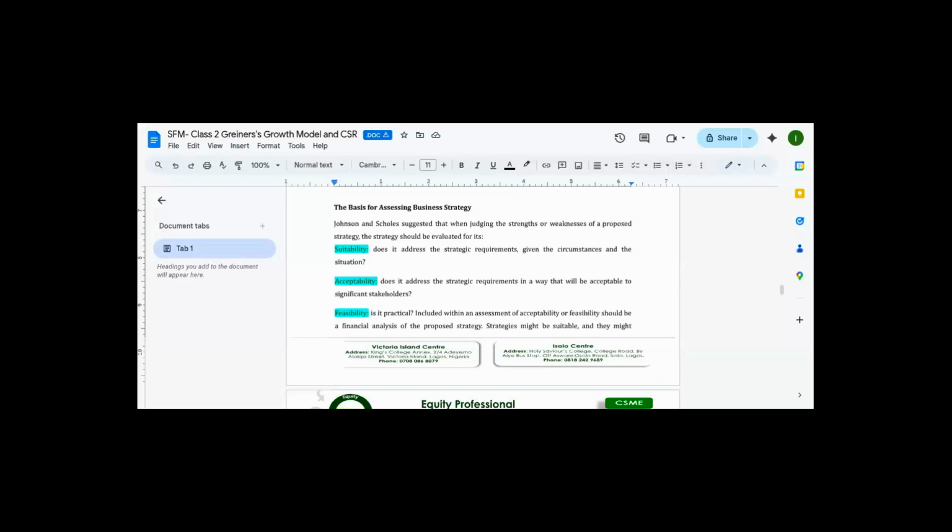So the strategy must be accepted and must suit the strategic intent of the shareholders, the board of directors, and all other major investors.